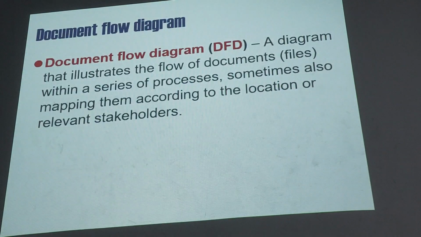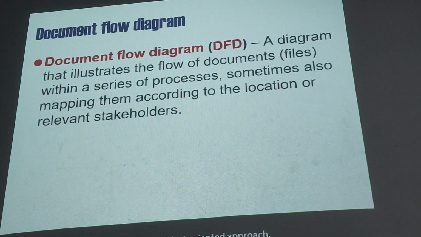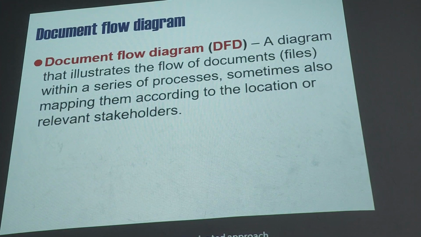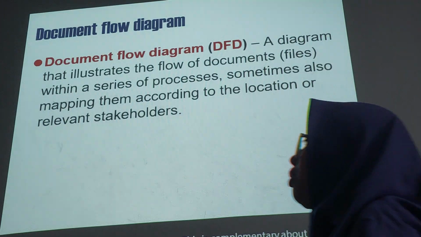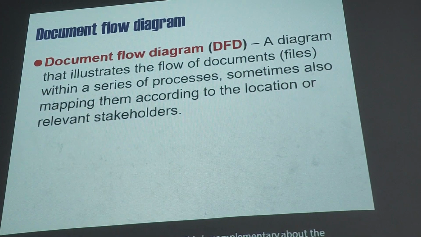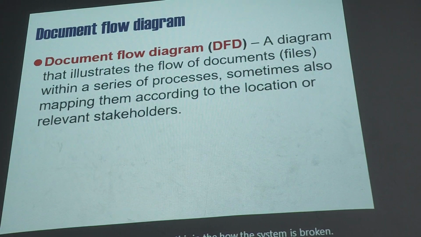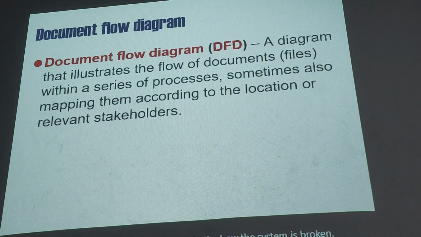So this is document flow diagram. This is complementary about the data flow diagram to show how the business, how the system is worked. So this is about the business process. For document flow diagram, this illustrates the flow of document files. So this is different with data flow diagram.